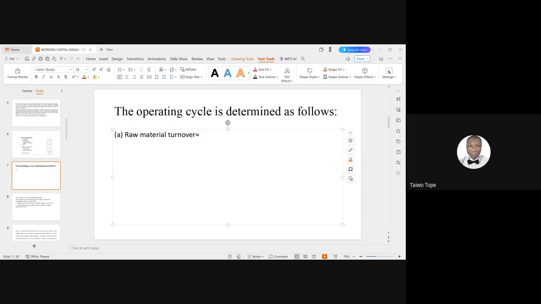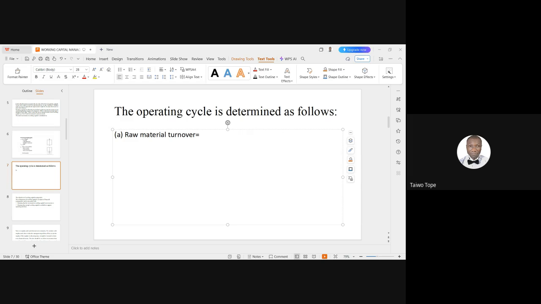But where the closing is not given, you use the opening as the average. Where one of the variables is not given, you use the one given as the average.